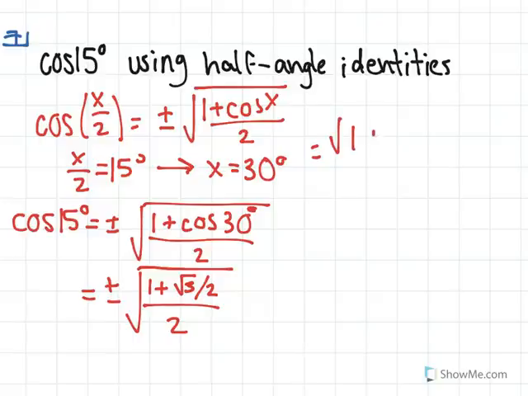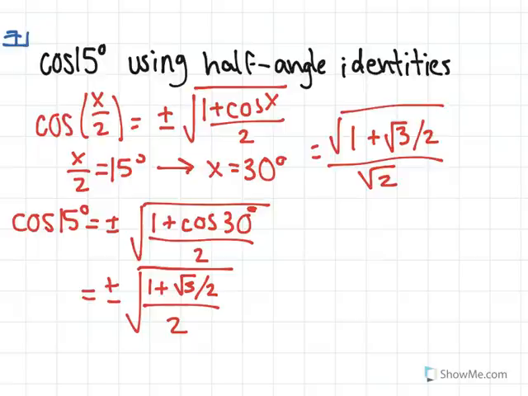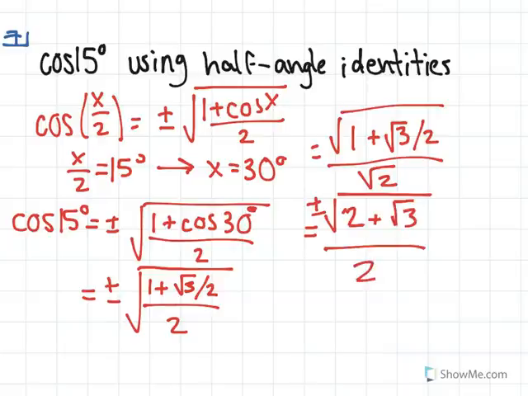We'll have the square root of 1 plus root 3 over 2 over the square root of 2, and we have to rationalize our denominator. In the end, we end up with positive or negative root 2 plus root 3, and that's all under the radical, divided by 2.